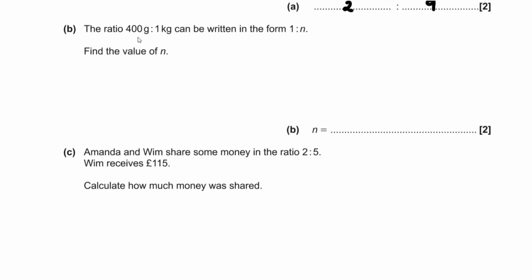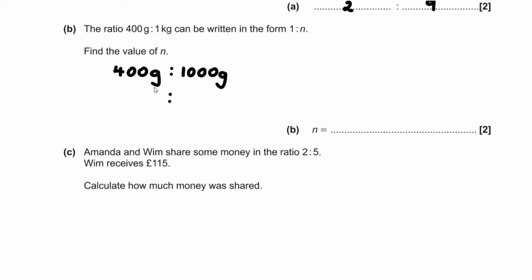Part B, the ratio of 400 grams to 1 kilogram can be written in the form 1 to n. Find the value of n. So, what we need to do is make the units the same. We've got grams and kilograms. Let's convert everything to grams. So we've got 400 grams, and 1 kilogram is the same as 1000 grams.